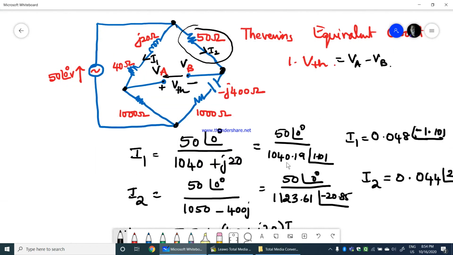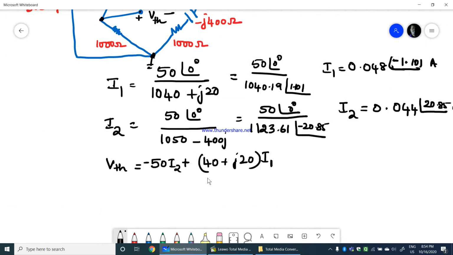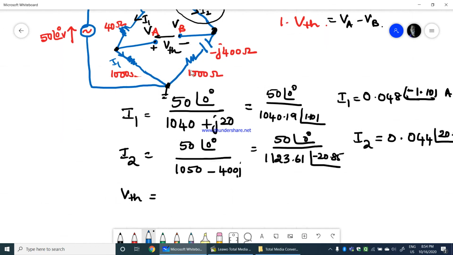If we connect, this is the ground, I'm sorry, this is the ground. So it is not 50 into I2. It is actually the current flowing through this is also I1, and the current flowing through this is I2. So VA is the voltage across this and VB is the voltage across this.